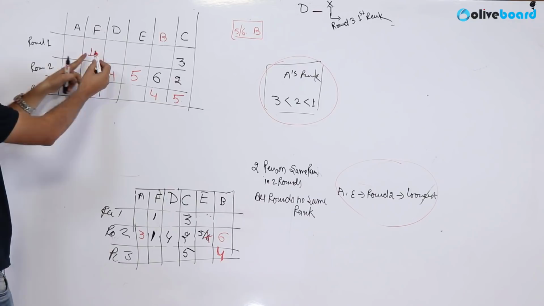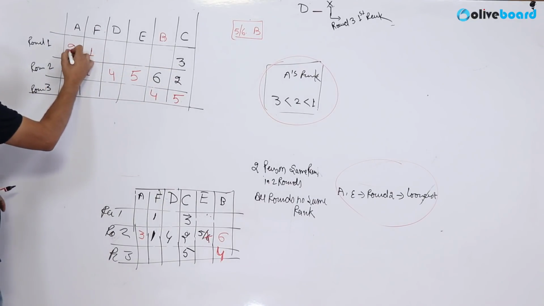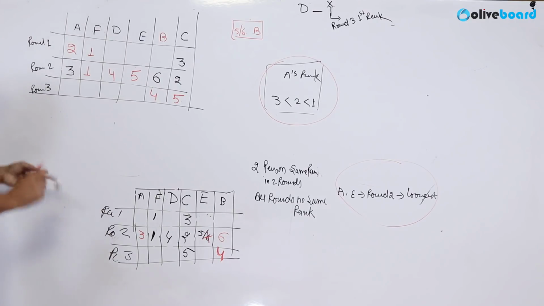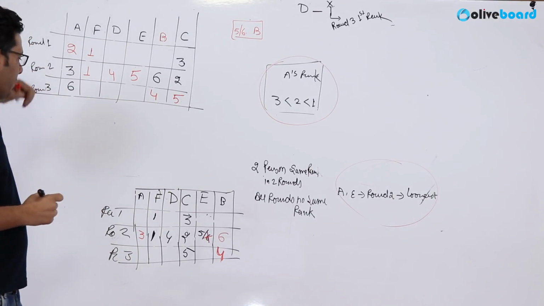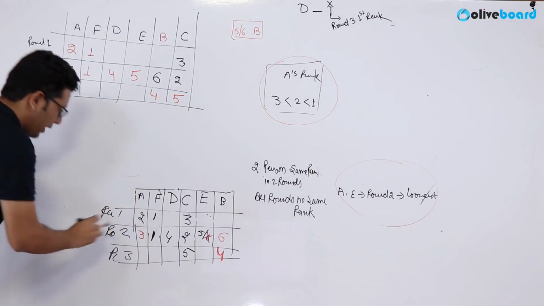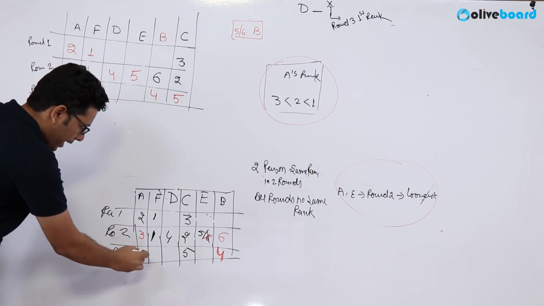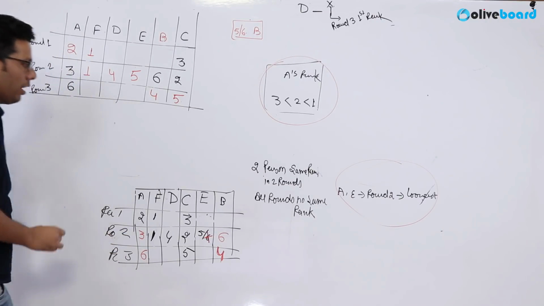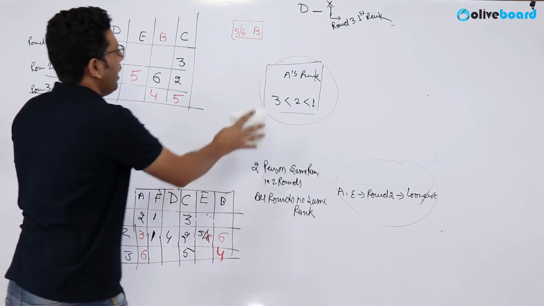Someone has already gotten 1 and 3, so he will get rank 2 in round number 1, and someone has got 4 and 5, so he will get rank 6 in round number 3. Similarly here he will get rank 2 in round number 1 and rank 6 in round number 2. So we have done with this data also.